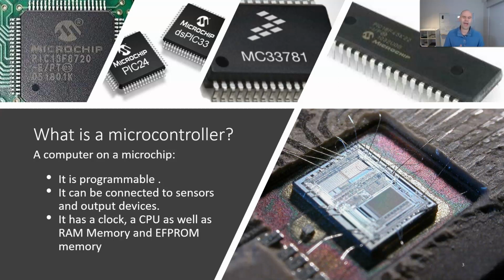They also have obviously a processor as well as memory. So they're very much like a computer, except we're talking about multiple orders of magnitude slower, multiple orders of magnitude less memory. So thousands and millions of times lower specs than the PC or a tablet or the mobile that you're watching this video on.